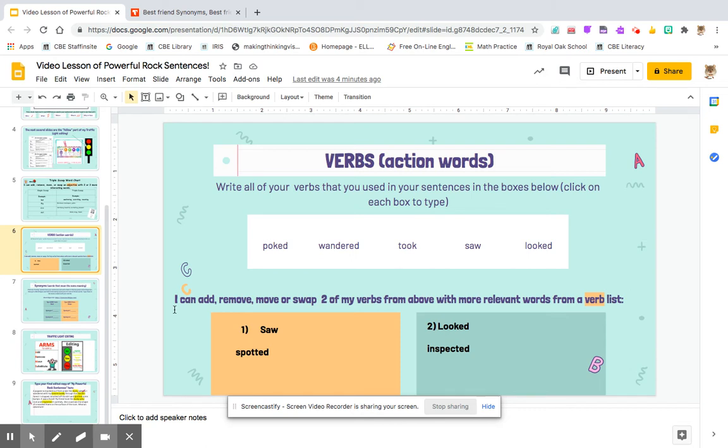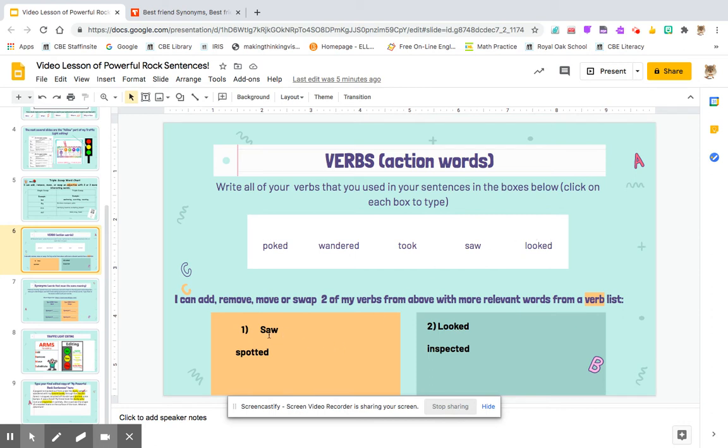And then I can add, remove, move, or swap two of my verbs from above with more relevant words from a verb list. Now, there is going to be a verb list attached that you can look at, but you are also able to use your synonyms and write in these words, just like we did with the previous triple scoop words, and that will give you lots of different ways to say these verbs.